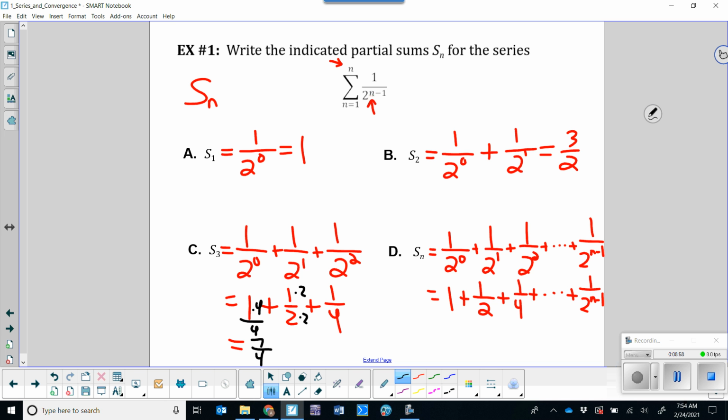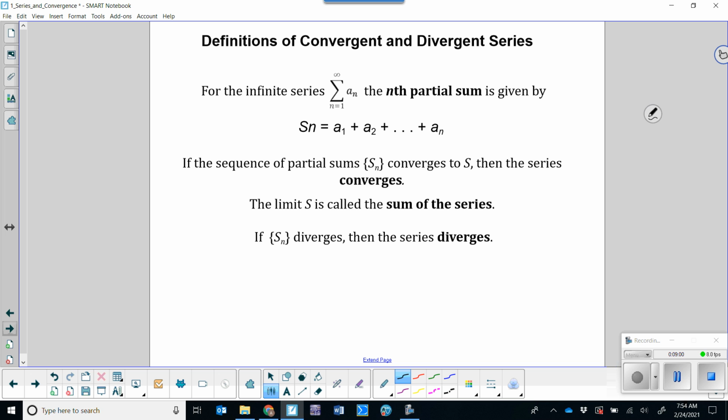All right. So the definition of a series that converges is important to understand, but we're not going to spend a lot of time on it because it's not really the way you would prove that something converges. We're going to have a bunch of tests.